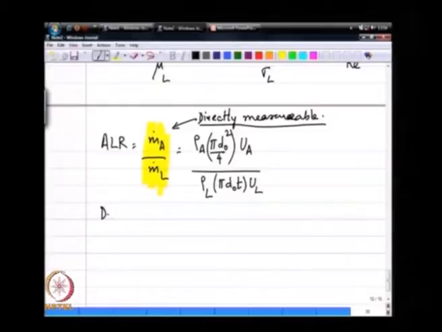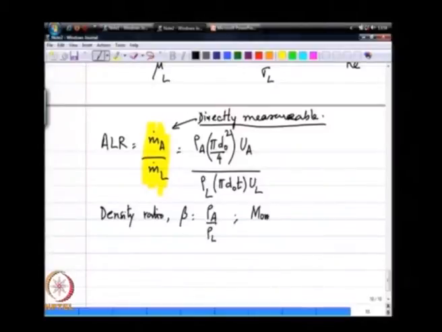Now, there are also other dimensionless groups called the density ratio or the momentum flux ratio.